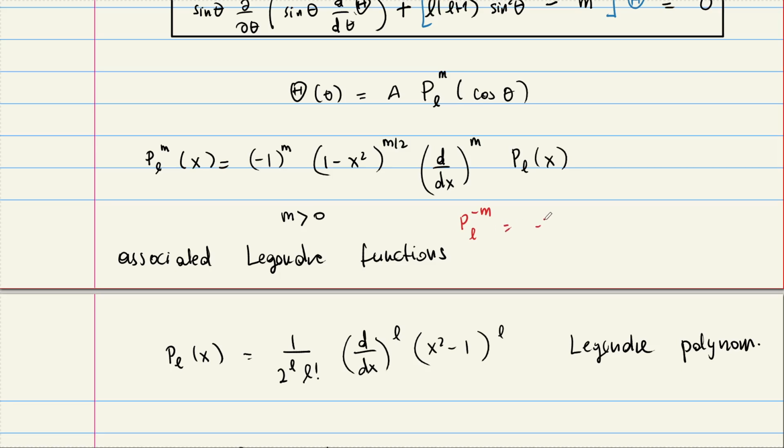Let me write the expression: (-1)^m times L minus m factorial over L plus m factorial times P_l^m. This will also be coming from our nice raising and lowering operators later. For the moment, don't worry too much. So this is P_l^m. Whenever you have negative m, you take the positive one and use this formula.